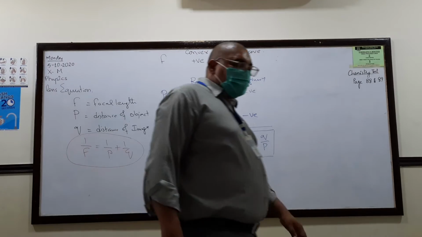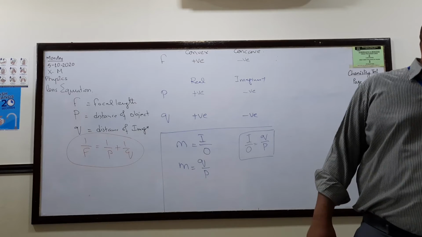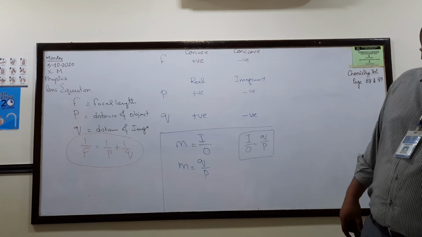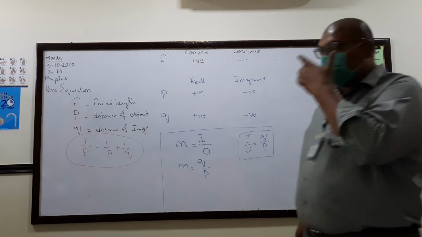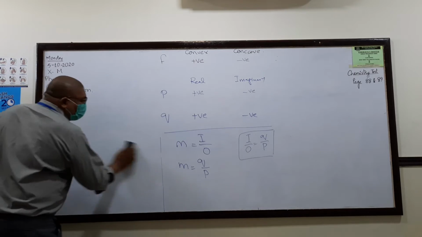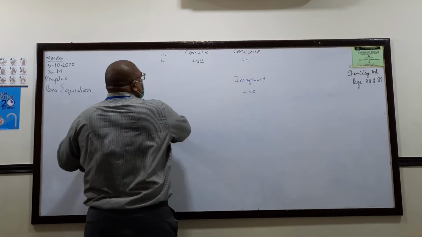Last time we were done with the numericals of the mirrors, I think. How many numericals have we done in the last class? First three numericals we have done, so we have to do the fourth one. Somebody will read the numerical. Let me make the space for that numerical.